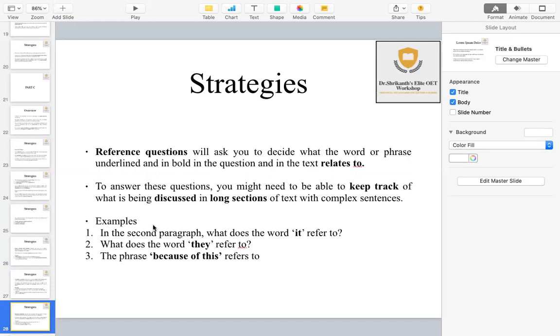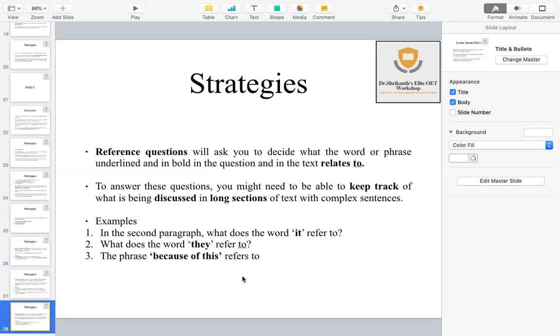All right, so let's see what certain examples are. In the second paragraph, what does the word "it" refer to? All right, so over here is a pronoun. You can expect pronouns and phrases over here, like it, they, because of this, and so on. So what does the word "they" refer to? What does the phrase "because of this" refer to? All right.